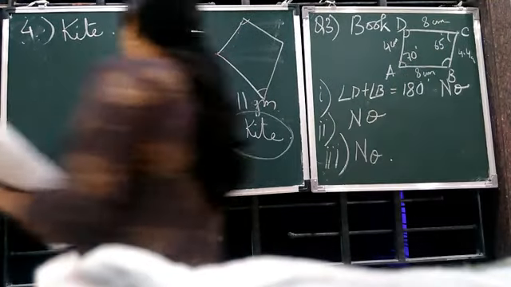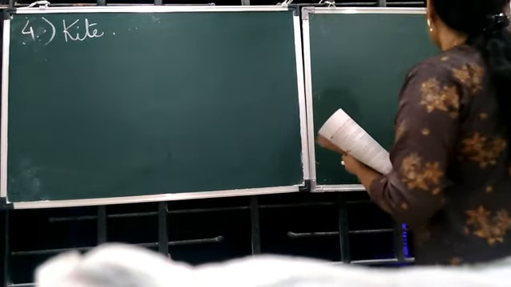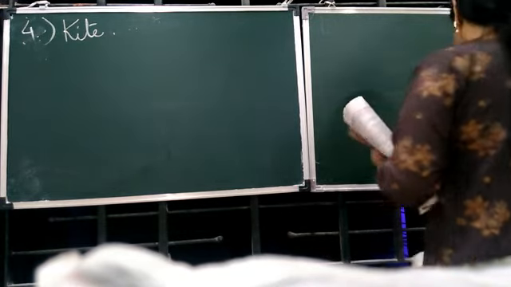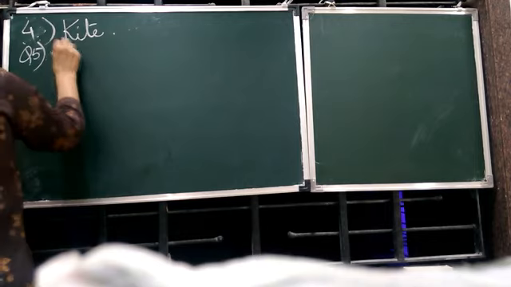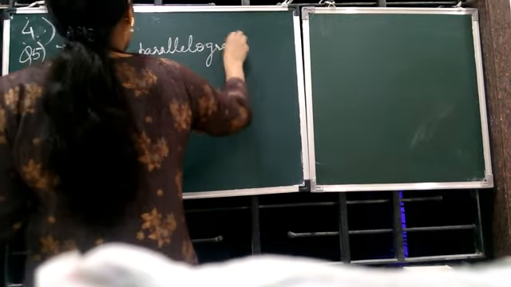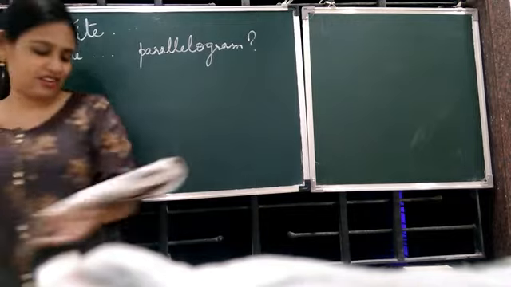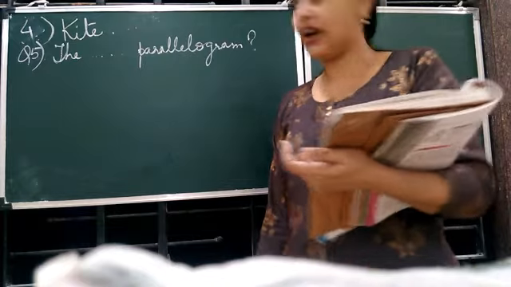Now we'll start with question number 5. The measure of two adjacent angles of a parallelogram.